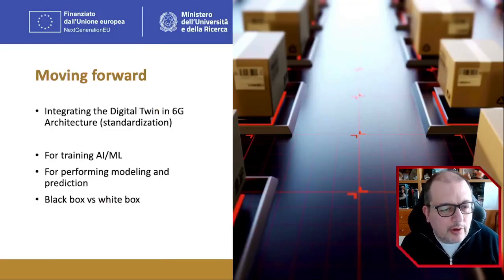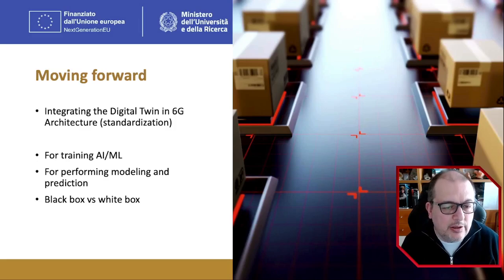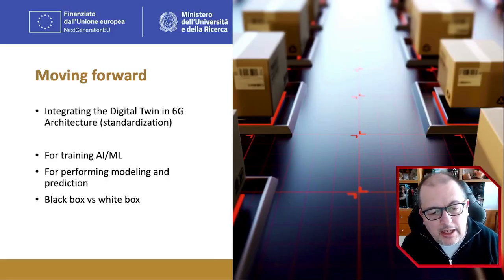So moving forward, the next steps are surely to implement network digital twins in modern network architectures. 6G is a good candidate because it's the upcoming mobile network standard, and based on the combination of SDN and NFV present in 5G, this can be a proper strategy and a complementary technology that can be easily integrated. In general, the network digital twin can be useful for training AI and machine learning.